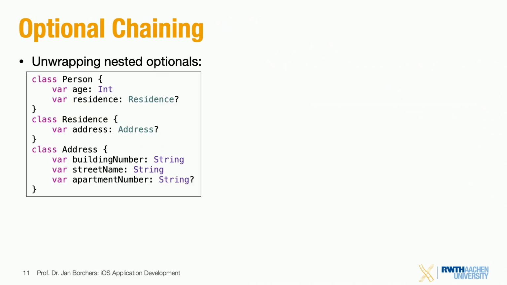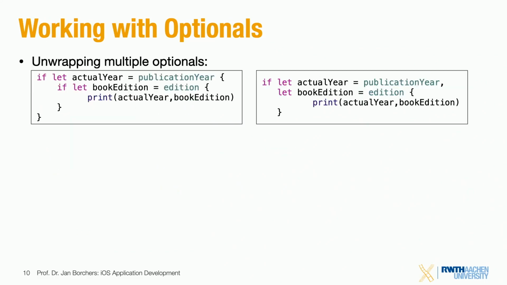All right, so yes? Regarding unwrapping multiple optionals, can I also unwrap a tuple of optional values into a tuple in one go? I think that should work as well. You can definitely do it step by step there as well.